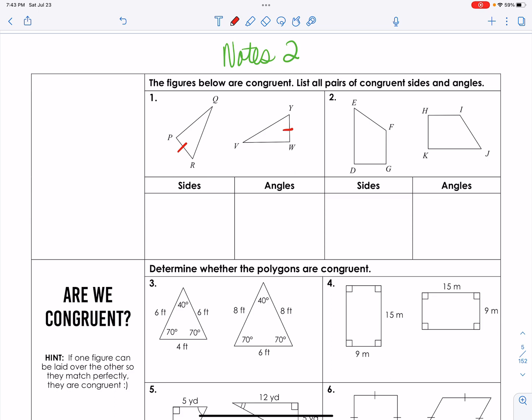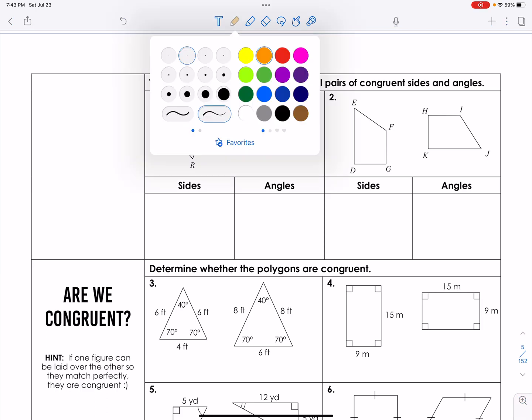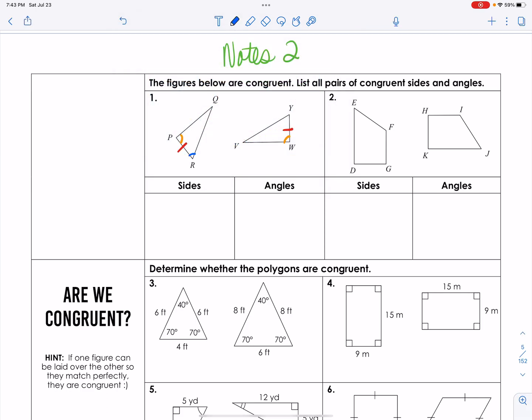And then this angle definitely looks like it's congruent to this angle because they're both right. And that would mean that this angle is equal to this angle because it has to be red, blue, orange. Which means this line has to be equal, because it's on the side of the blue, to that line.